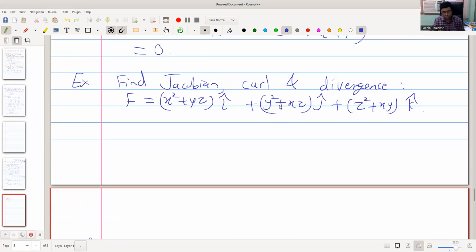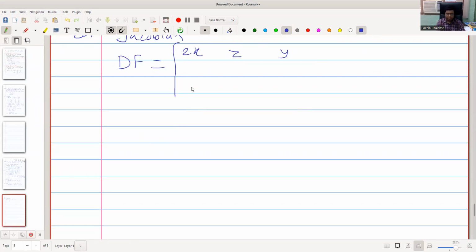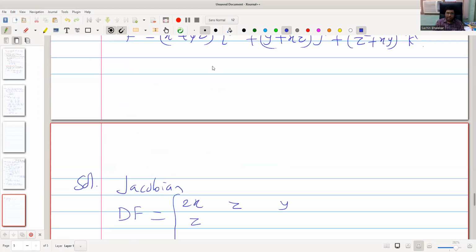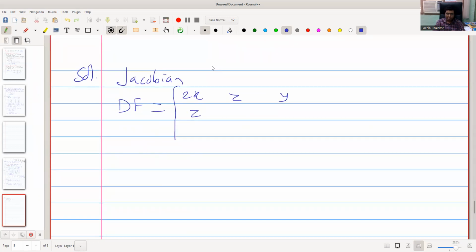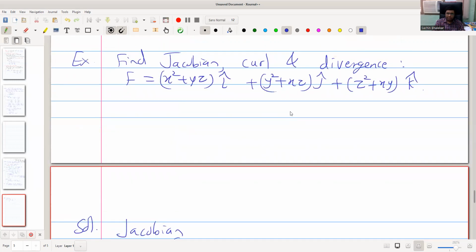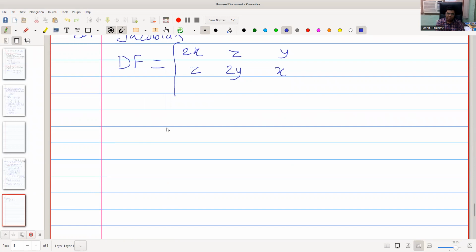Similarly, second row is partial derivatives of this function Q. So with respect to x, it is z. With respect to y, it is 2y. And with respect to z, it is x. Similarly, third row, derivatives of this quantity. With respect to x, it is y. With respect to y, it is x. And with respect to z, it is 2z. So this is our Jacobian matrix.